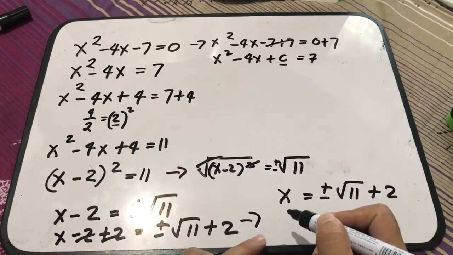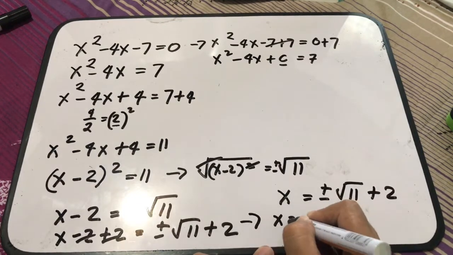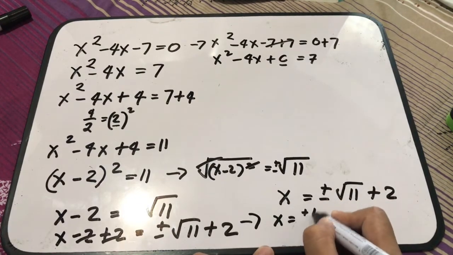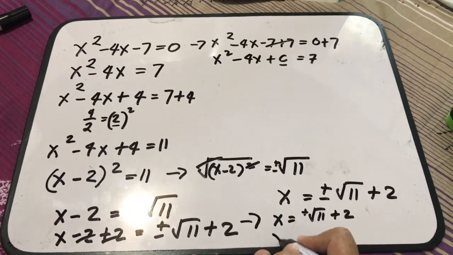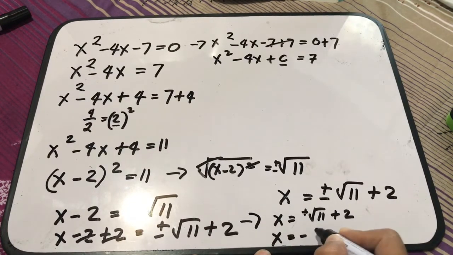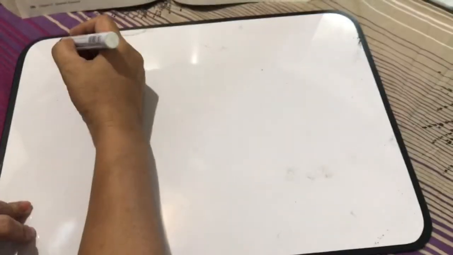This will give us the solutions, that is x is equal to positive square root of 11 plus 2 and x is equal to negative square root of 11 plus 2.